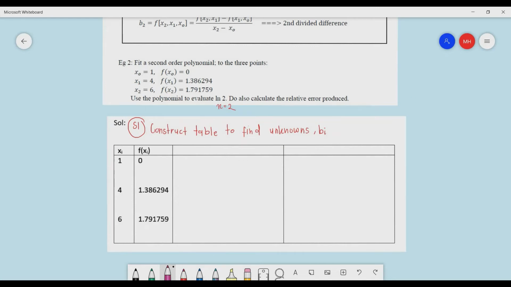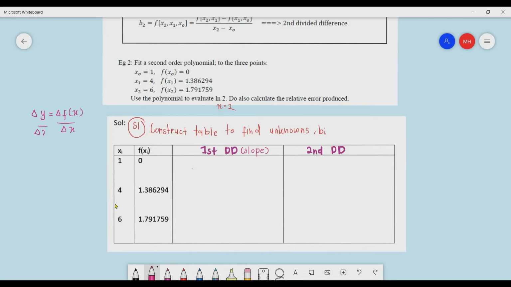So you have the first divided difference and the second divided difference for the second order polynomial. Now we start with the first divided difference. For the first divided difference, we actually want to find the slope. So the slope is the change in f(x) over the change in x.